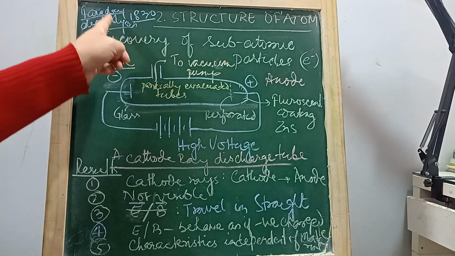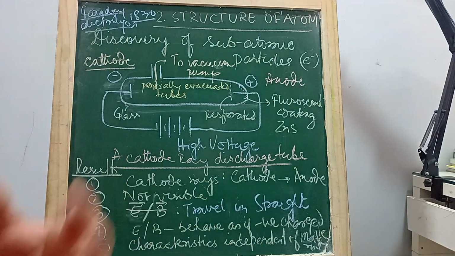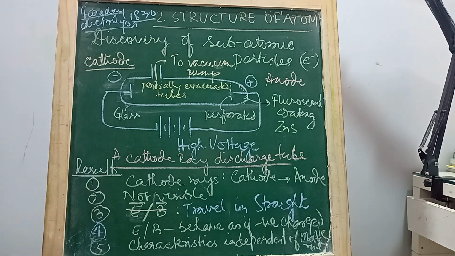Although in 1830 Michael Faraday observed that electric current can pass through electrolytes, an aqueous solution of a salt, and because of that chemical reactions take place inside the electrolyte, and there was deposition of metals on the electrode.